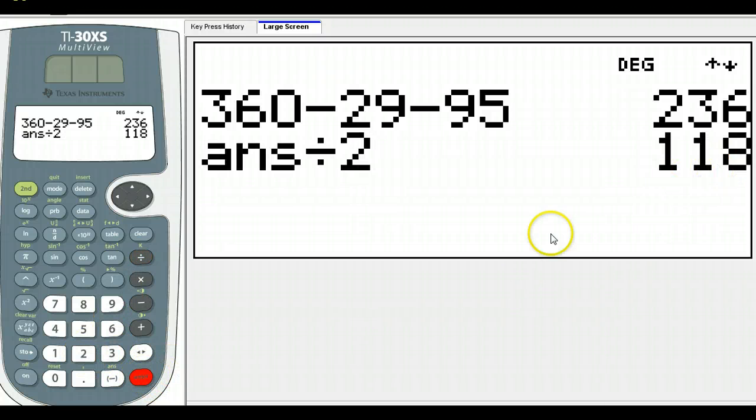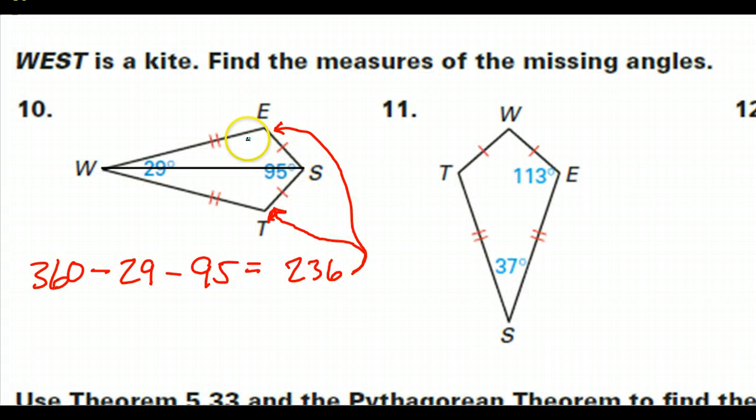So that's 118 if you split it evenly. So this is 118 and this is 118 degrees. Those are the missing angles. Angle E is 118 and angle T is 118.